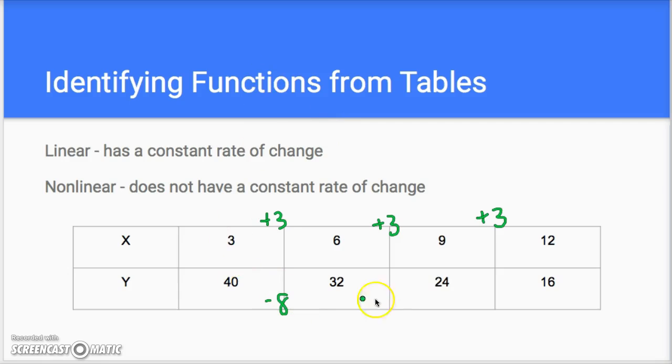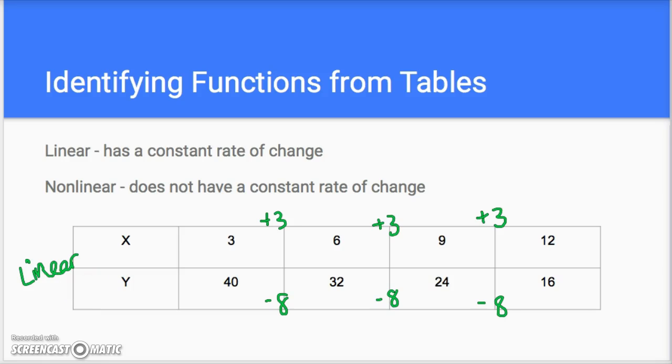You should notice that these are decreasing by 8 each time. So we have a distinct pattern with the X's and a distinct pattern with the Y's. So this table shows a linear function, looking for that constant pattern or that constant rate of change.